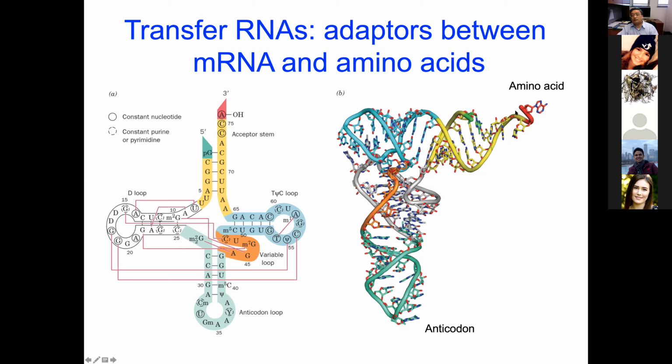This is a very important process, because only when the correct amino acid gets connected to the correct tRNA will it ensure that in the translation step, the correct amino acid is added to the growing polypeptide chain. So this is sometimes called the second genetic code, because it is critical in making sure the messenger RNA is translated accurately.